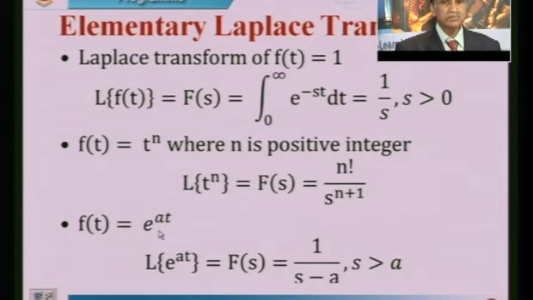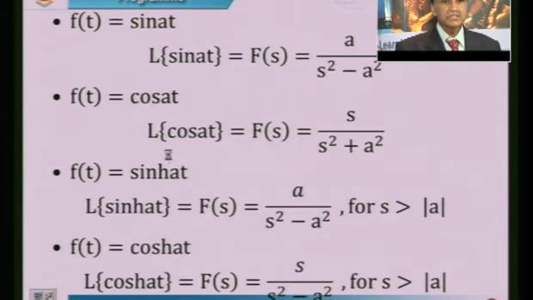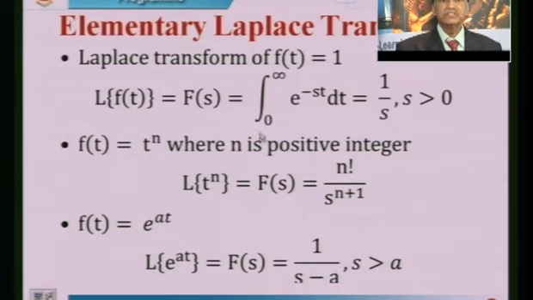Another thing is the exponential term. In a similar fashion, in the basic definition of Laplace of f of t, f of t is going to be replaced by e to the power at. This term is multiplied to the exponential term e to the power minus st, and since the bases are the same, the powers can be added by taking minus t outside here.